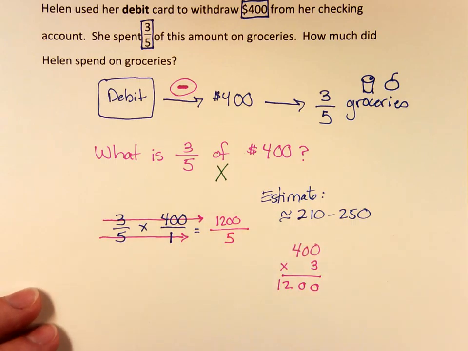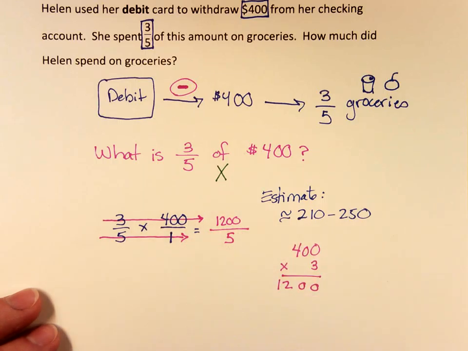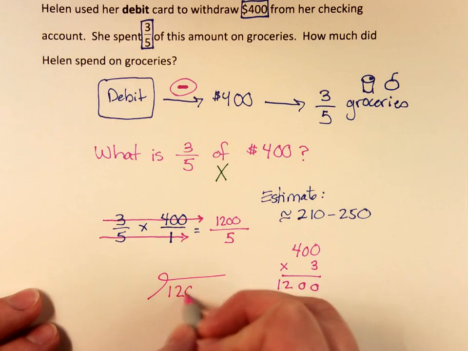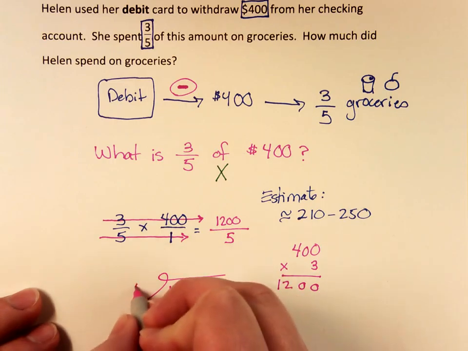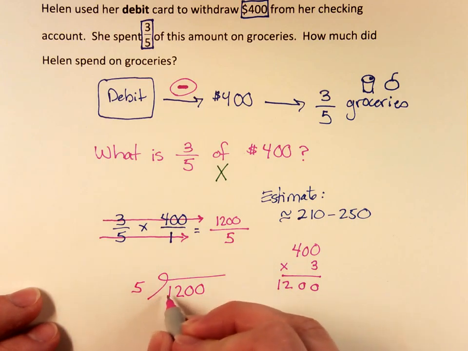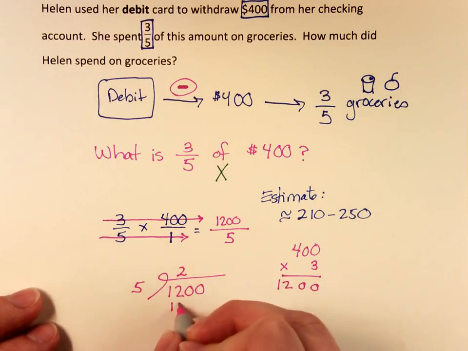Now you can't leave your fraction like this because you need to reduce 1200 over 5, which would be 1200 divided by 5. How many times does 5 go into 1? It doesn't. So now we have to look at 2 digits. How many times does 5 go into 12? 2 times completely. 2 times 5 is 10.